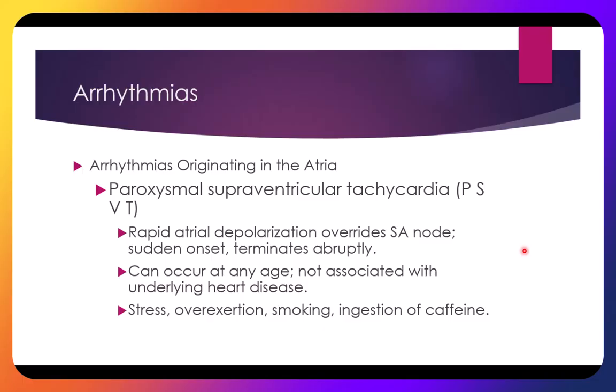That's going to be a key thing for you to remember when you are looking at these rhythms. If the rate is faster than 130, meaning 131 or higher, then this is no longer going to be a sinus tachycardia. It's going to be some type of a supraventricular tachycardia. And if you can see it suddenly start and or stop, then we call it paroxysmal, or PSVT.